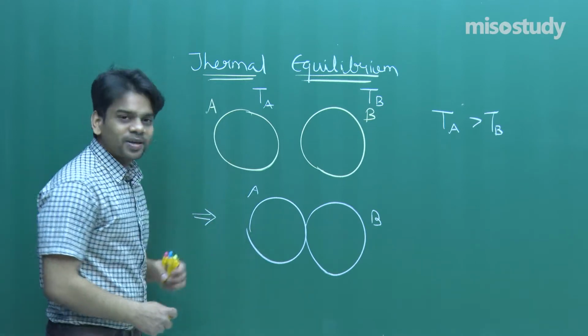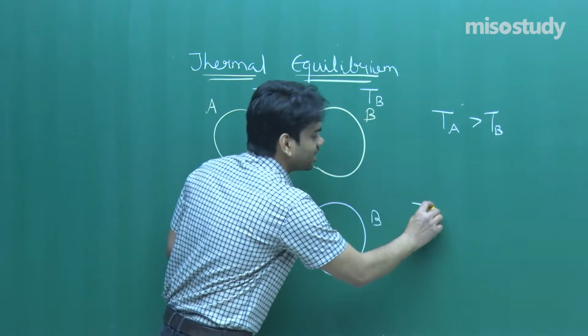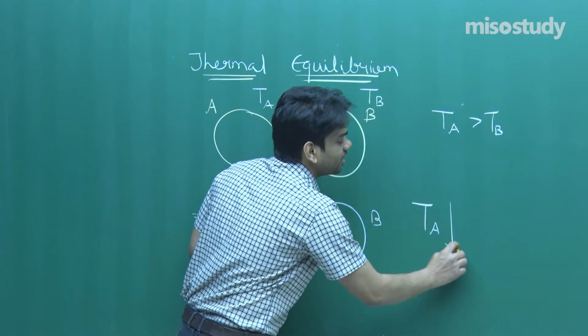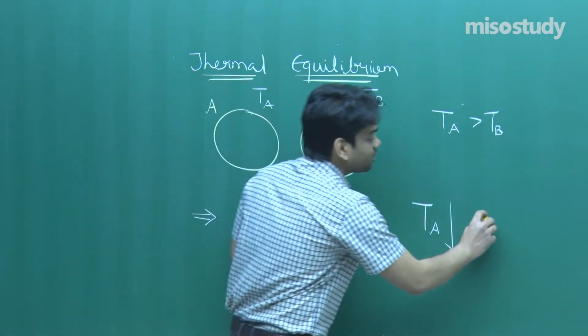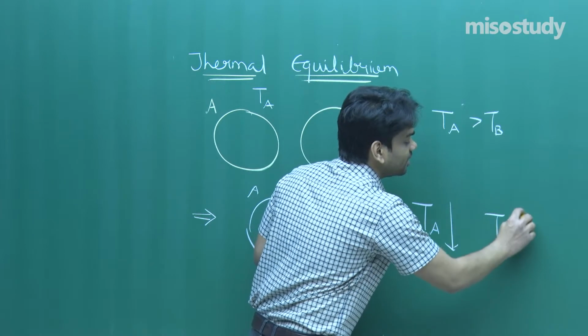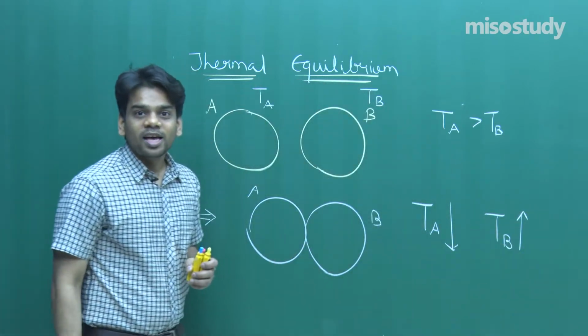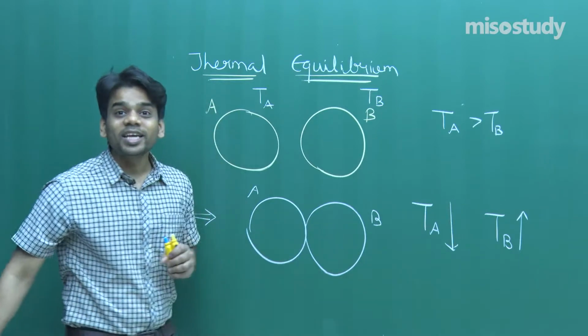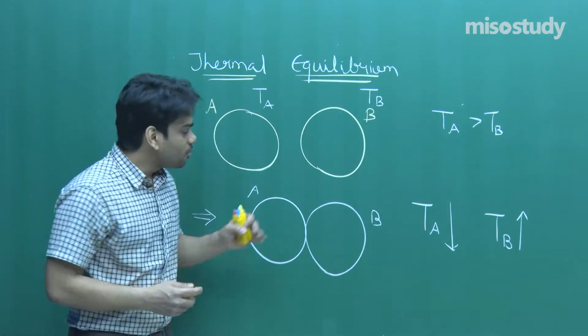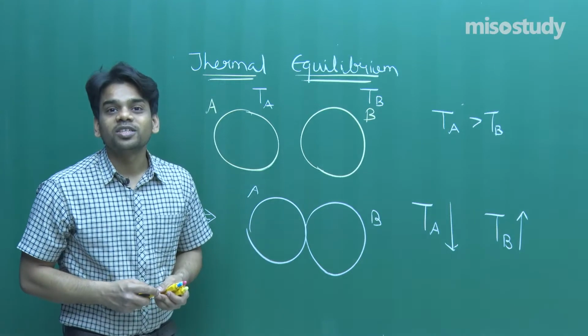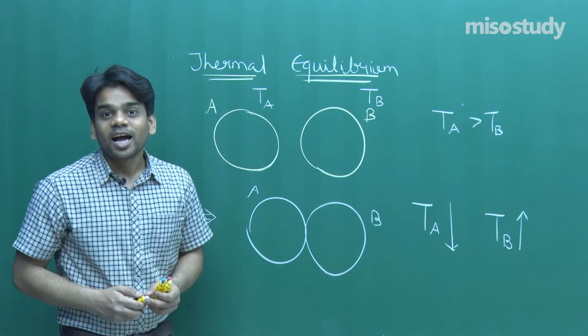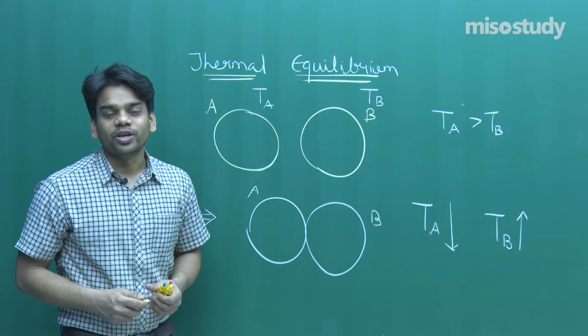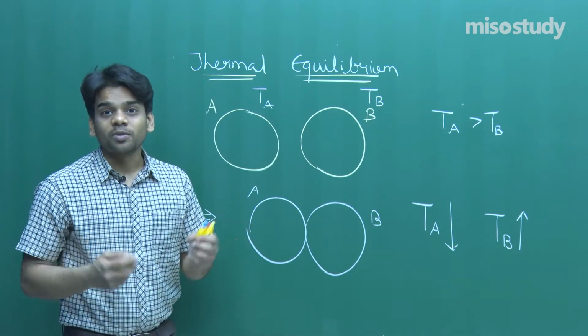So temperature of A will start decreasing as it is higher than temperature of B, and temperature of B will start increasing. This is what we will observe. And this transmission of heat will take place till both the bodies reach a temperature when their temperature will be equal, and there will be no exchange of heat. So we'll say that a state of thermal equilibrium is attained.